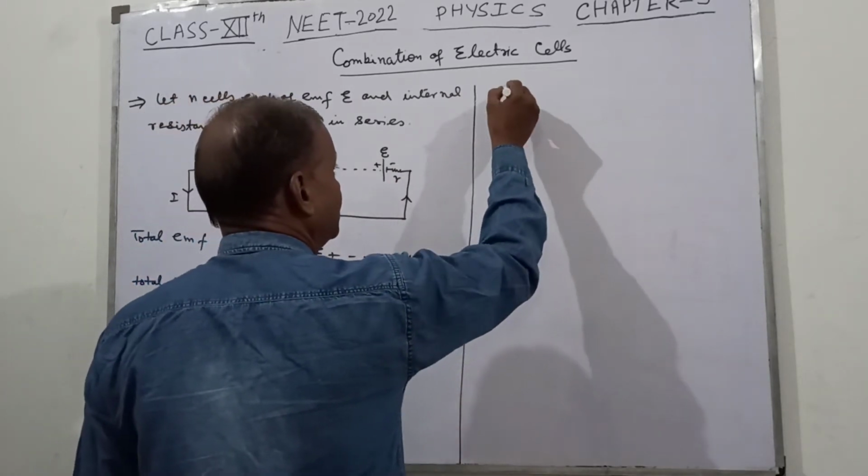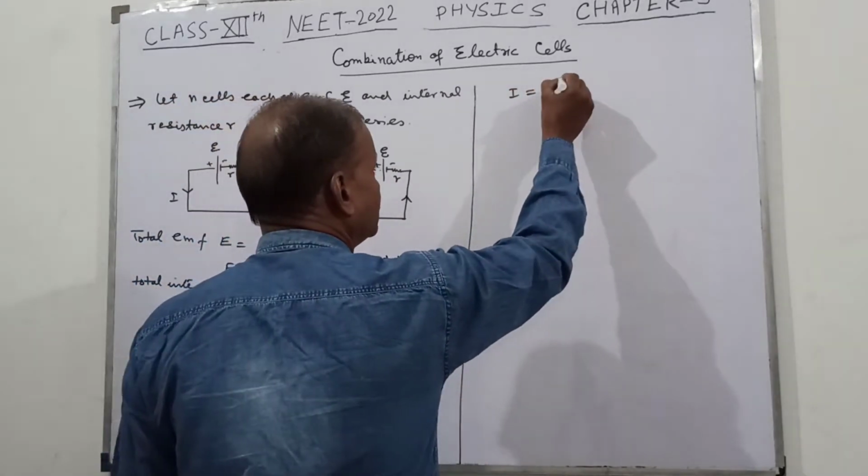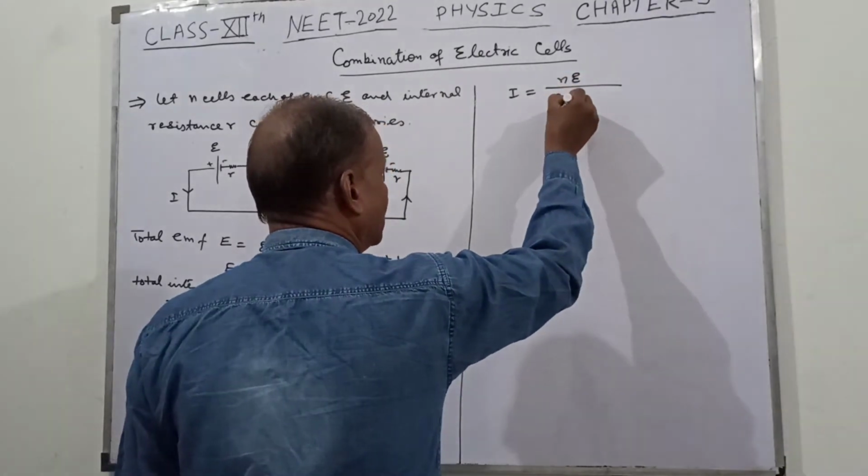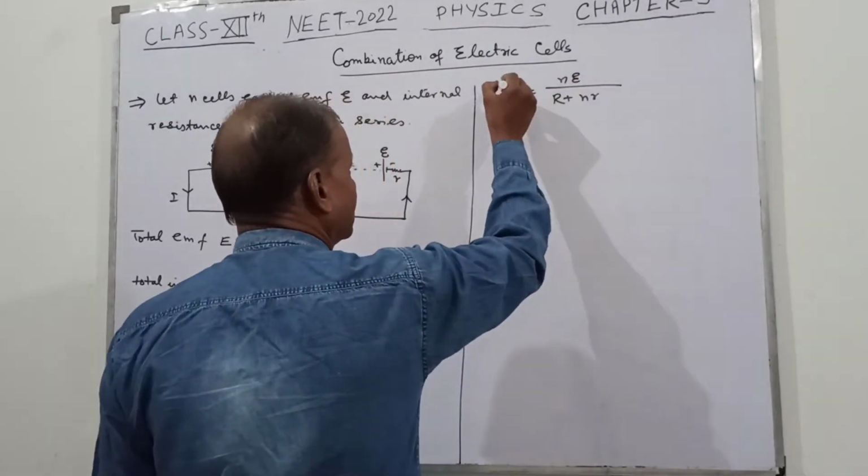Then this I is equal to nE upon R plus nR. This is now current.